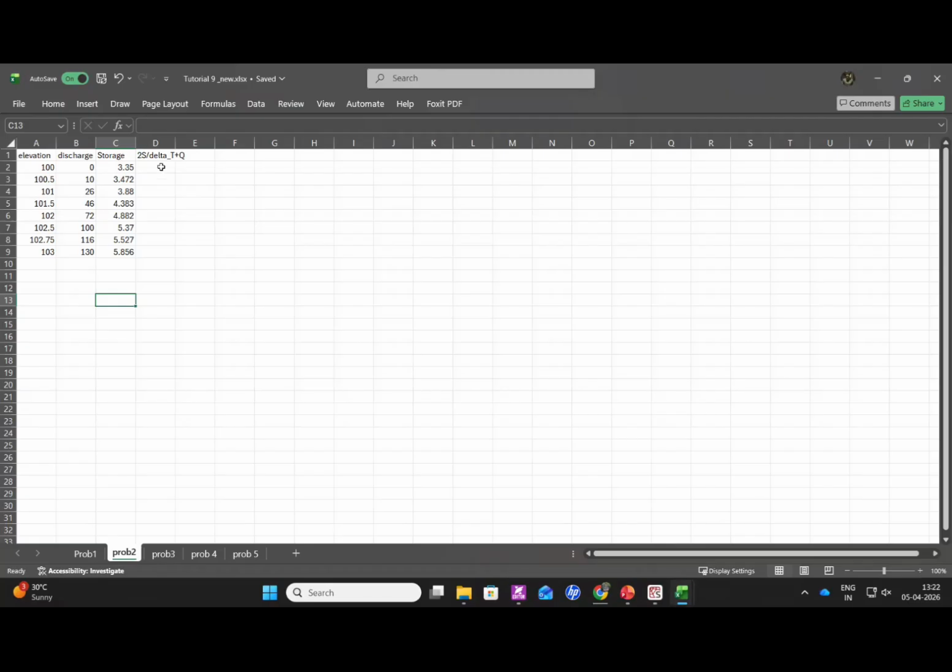First of all, we will calculate 2S upon delta T, which is storage upon the time, 0.0216, and then you have to add the discharge value. So this is going to be your 2S divided by delta T plus Q. And now we need to plot this.